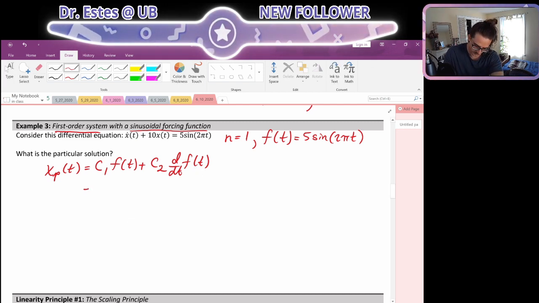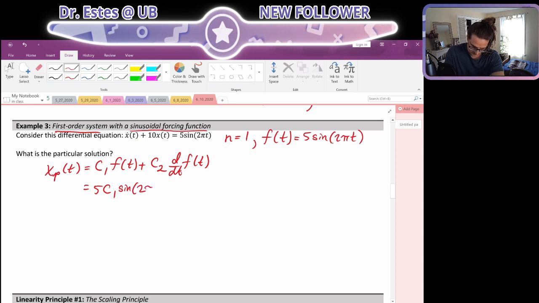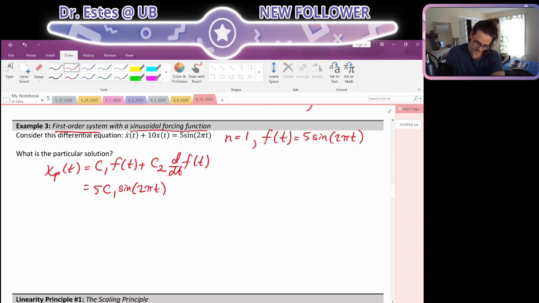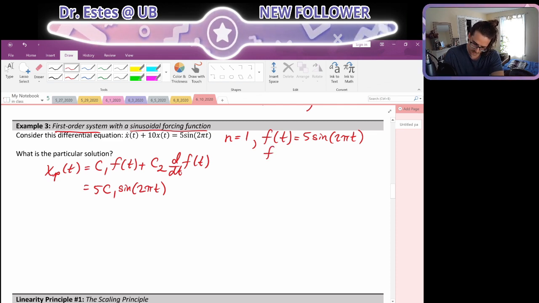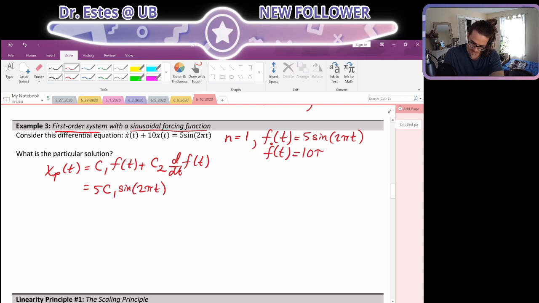So let's fill that in. So this is going to be 5c1 sine 2 pi t. Let's put the time derivative over here: 10 pi cosine 2 pi t.